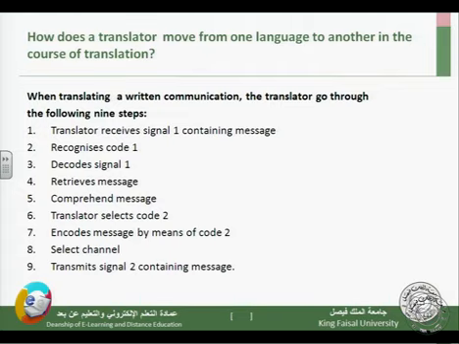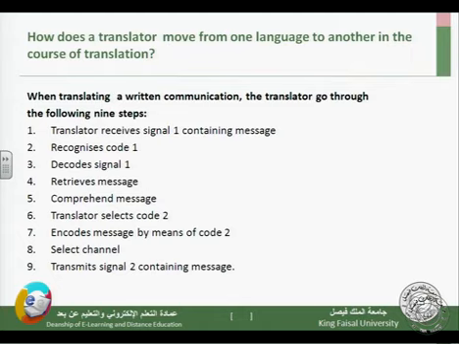If he is receiving a message or a code 1 from Arabic, then he has to select code 2 in English. Then he needs to encode the message by means of code 2. He has to make the message in code 2. In other words, he has to do it in English.